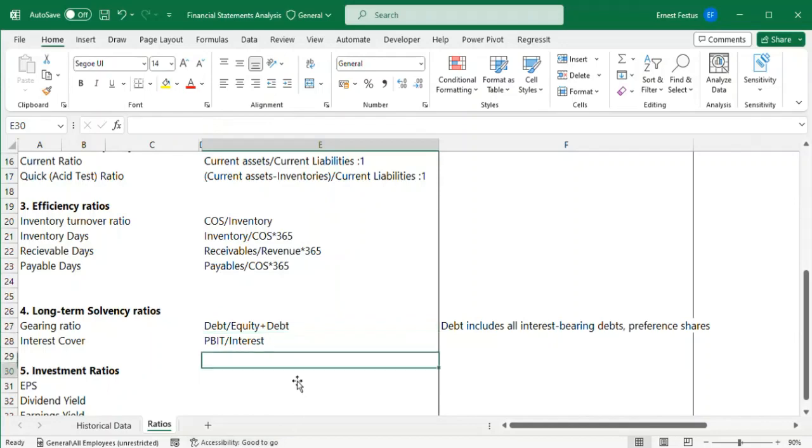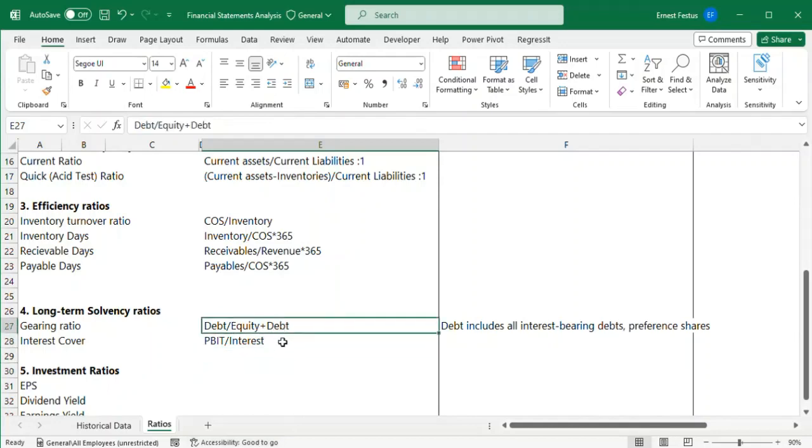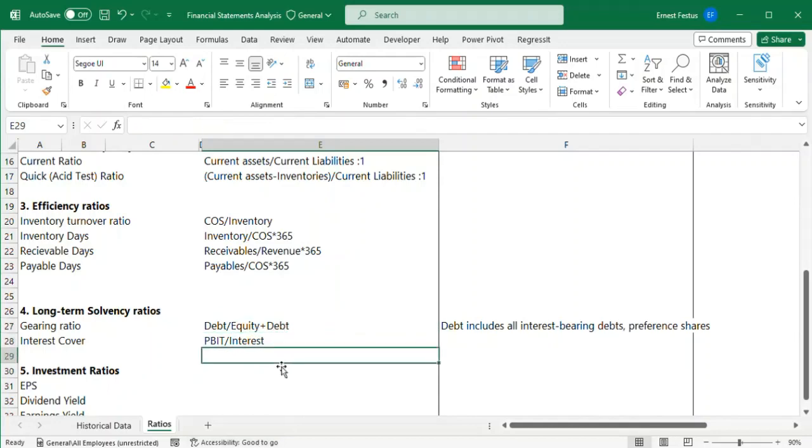So if a business is highly geared, there must be enough profit to cover the interest on the debt.